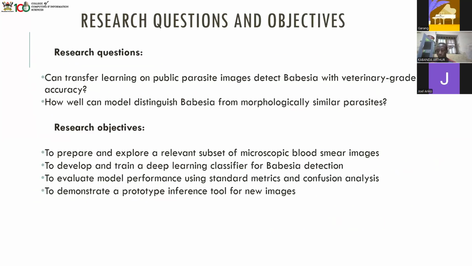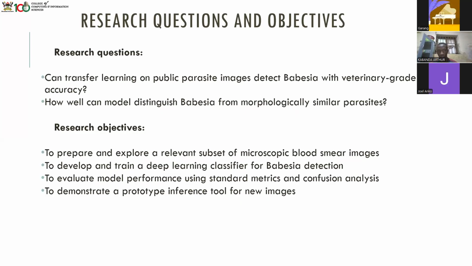Here are our research questions and the objectives that we came up with. Let's ask ourselves: can we transfer the learning of public parasite datasets to detect babesiosis with veterinary-grade images? Second, how well can the model distinguish Babesia from other similar parasites?